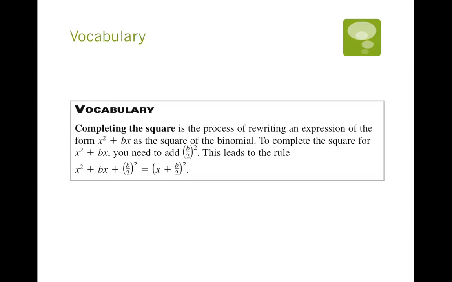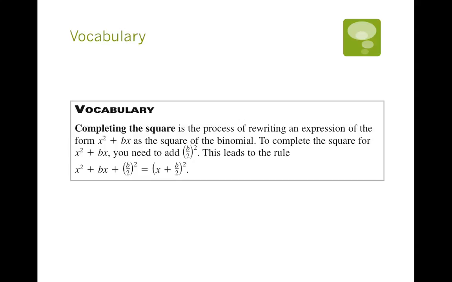And that's really what our vocabulary is trying to show us today. It says completing the square is the process of rewriting an expression that starts out in the form x squared plus bx as the square of a binomial. So to complete the square for x squared plus bx, you need to add b over 2 squared.